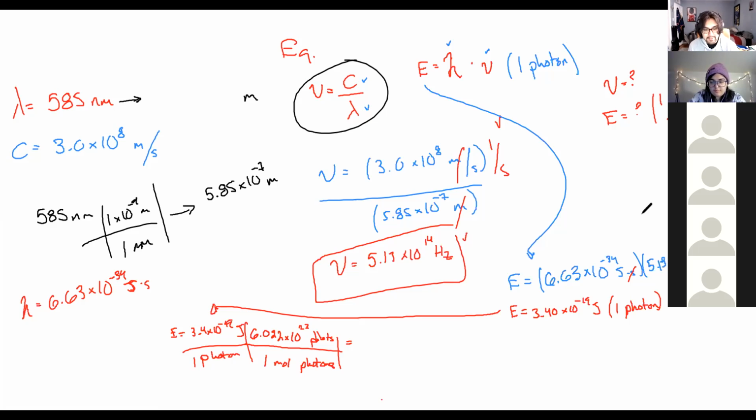Yes, that is correct. Oh, sorry, it's 4. 2.04 times 10 to the fifth joules per 1 mole. There you go.